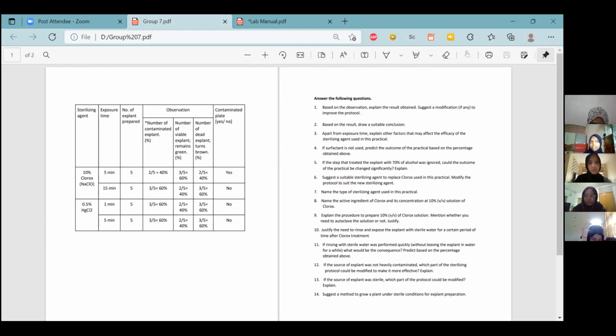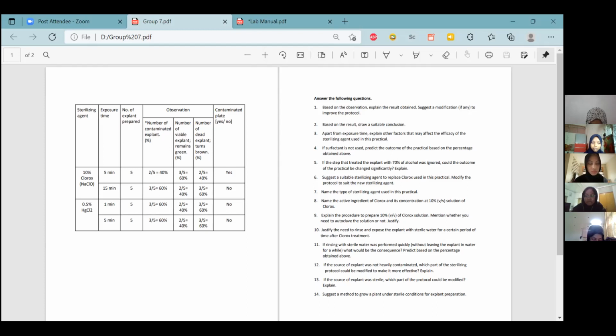Another thing I want to add is that the surfactant is a non-ionic surfactant, so it is kind of a lipid, hydrophobic particle.